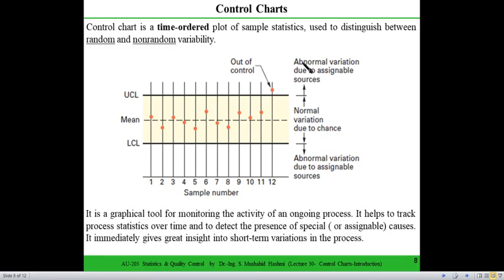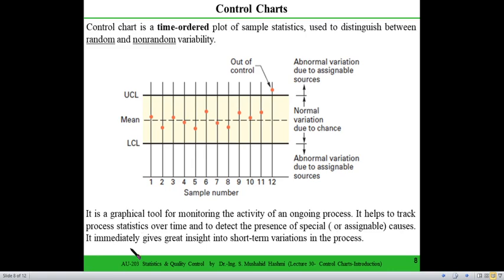So control charts can be thought of as a graphical tool for monitoring the activity of an ongoing process. It helps to track process statistics over time and to detect the presence of special or assignable causes.